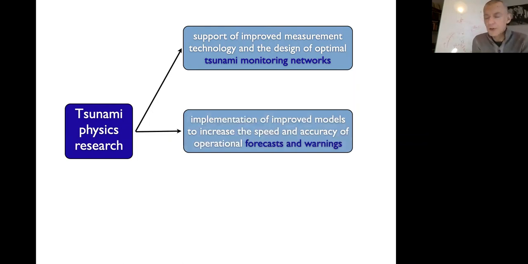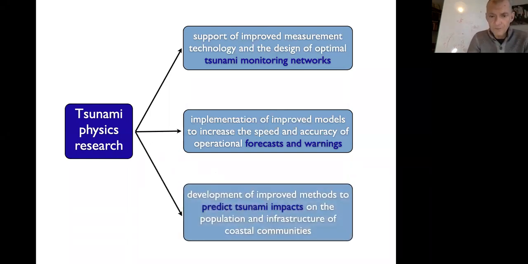it can also be used as a powerful tool to give operational forecasts and warnings, because you can decide an evacuation in an island in the Pacific based on tsunami physics research. Of course, you can also study the source, the seismic source, with inversion.